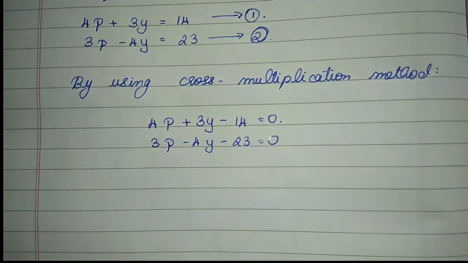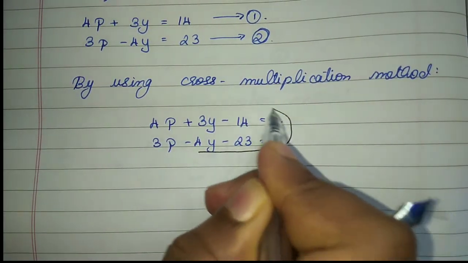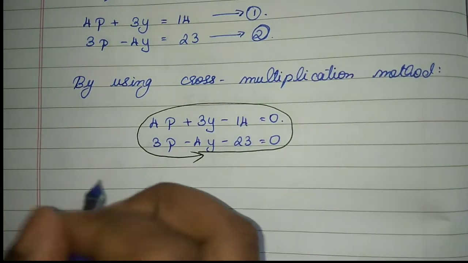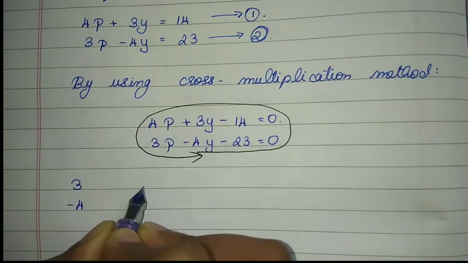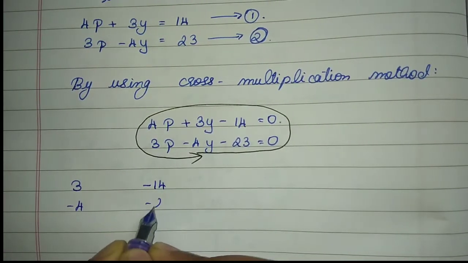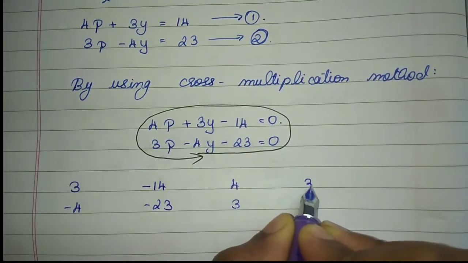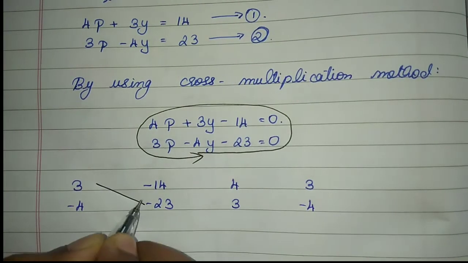So I will be just going for a circle. No? So right from B we will be moving on and coming back to B itself. So 3, minus 4, minus 14, minus 23, 4, 3, 3, minus 4. Now let's cross this.